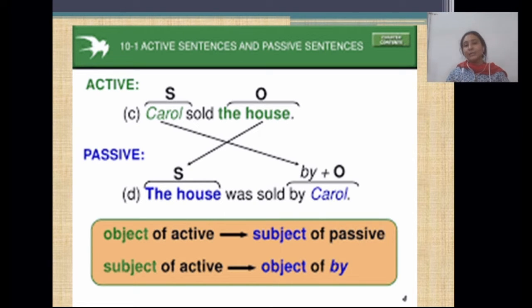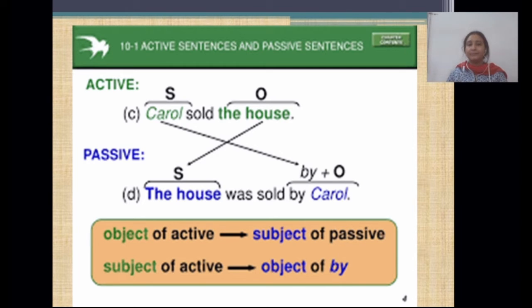As we have said, the doer, the subject, changes to the object of the passive, and the object of the active changes to the subject of the passive, because the object is the receiver of the action, and in the passive we are interested in knowing who is the receiver of the action. So the house becomes the subject. We said we are not going to change the tense. Sold becomes was sold. We have added an auxiliary and we have added by before the doer.